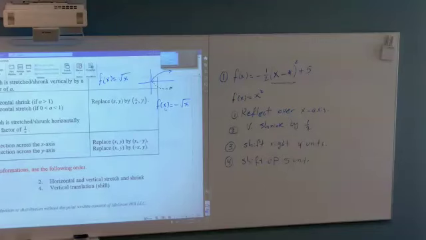One more. Choose absolute value. We have f of x equals, let's say, -2 absolute value of x plus 4, plus 6.